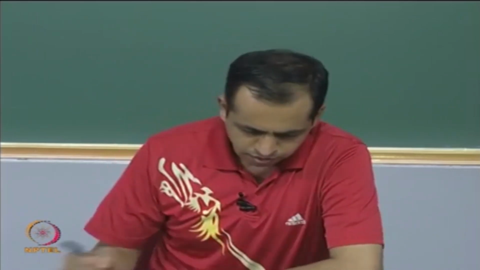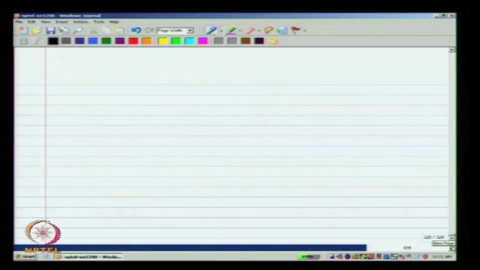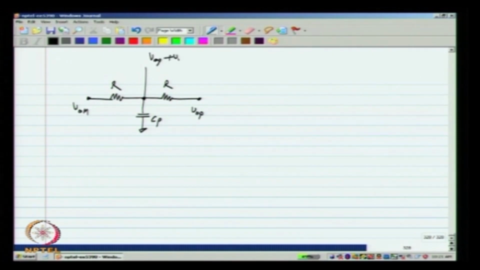Now, there is another issue. Let us say you go on making the resistance very large. There will be a parasitic capacitance from the midpoint. This is VOM, VOP. Here I get (VOP plus VOM) by 2 at DC.